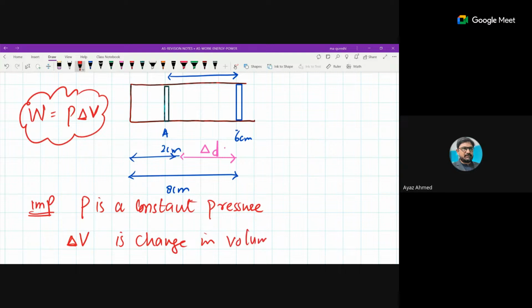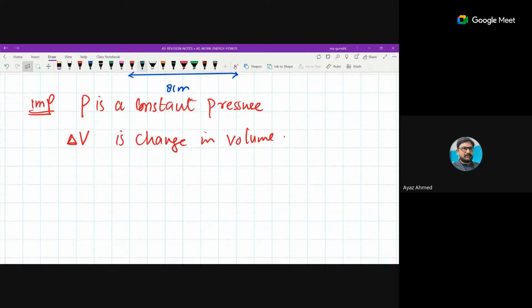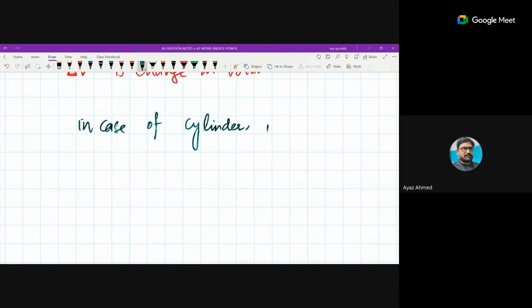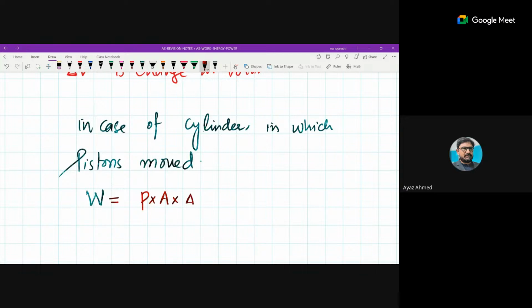Sometimes we are given questions in which only distance is supposed to change. So in the case of cylinders in which pistons move, your work done by that gas is P into A into change in displacement.